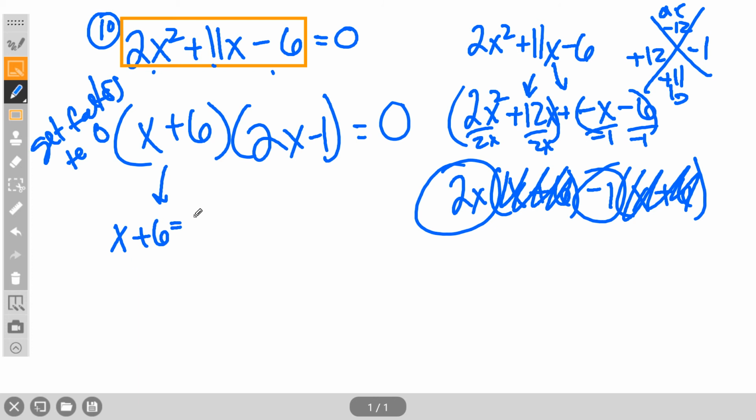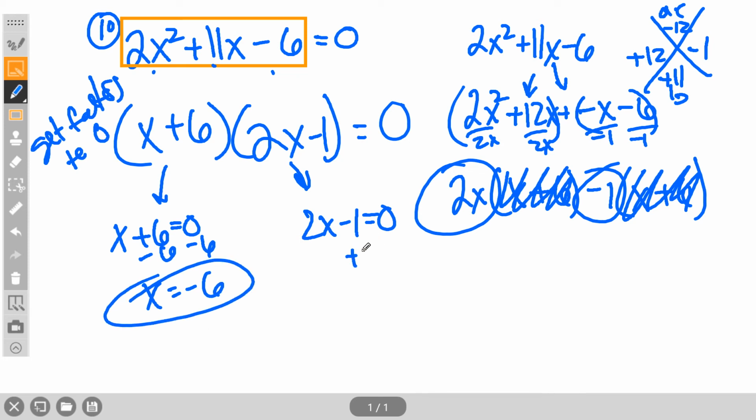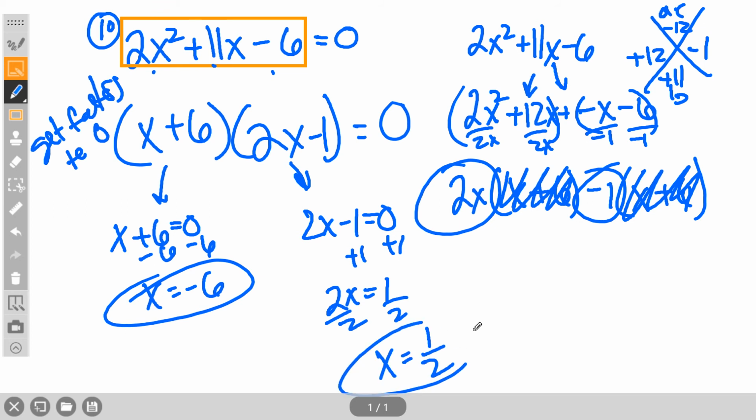So x plus 6 equals 0, and 2x minus 1 equals 0. All right, so one of my solutions is -6, and then the other one, add 1, divide by 2. The other solution is 1/2. Those are my two solutions here for number 10.